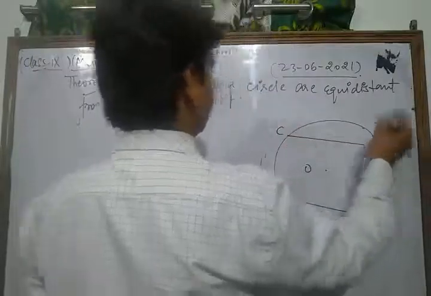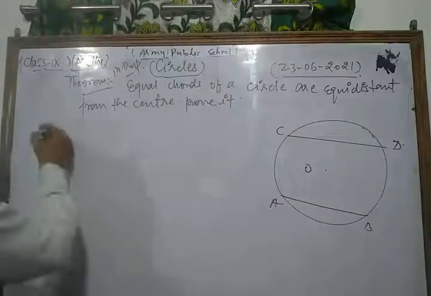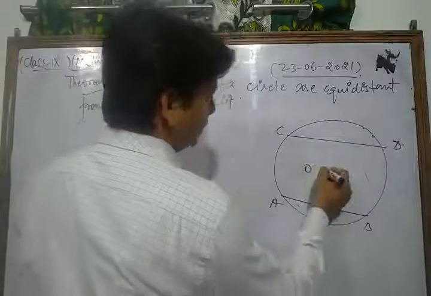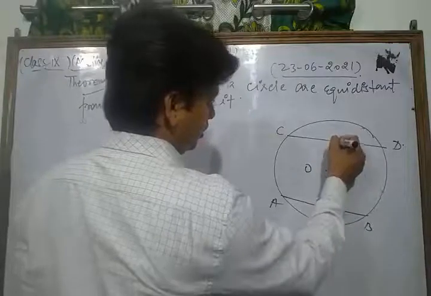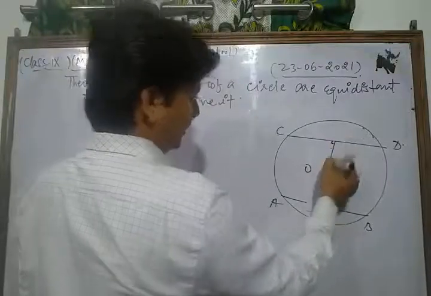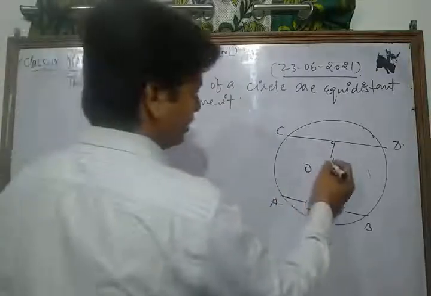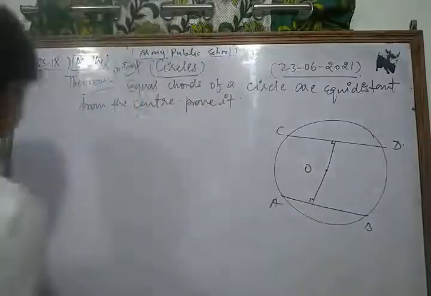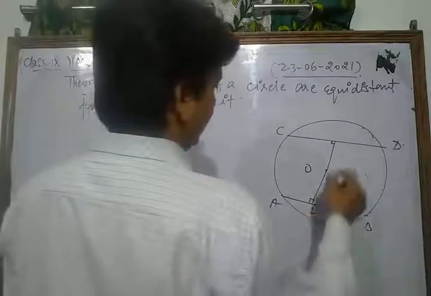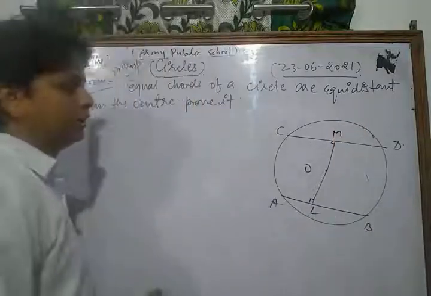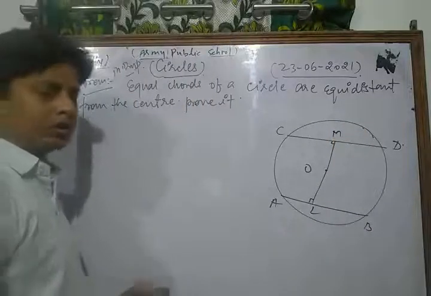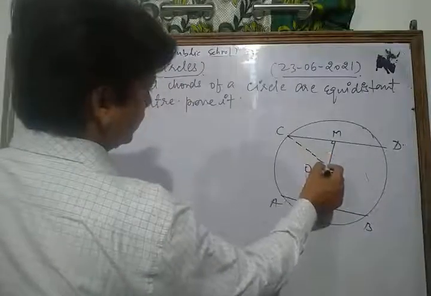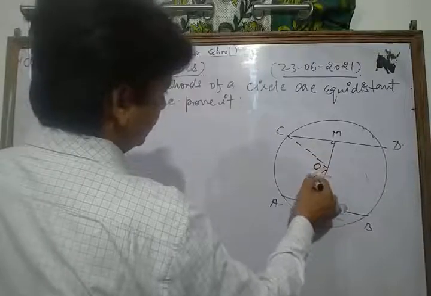You know that the line segment joining the center to the chord, drawn perpendicular, is always perpendicular to the chord. Let OL and OM be the perpendiculars drawn on the chords AB and CD respectively, and in construction we join OC and OA.